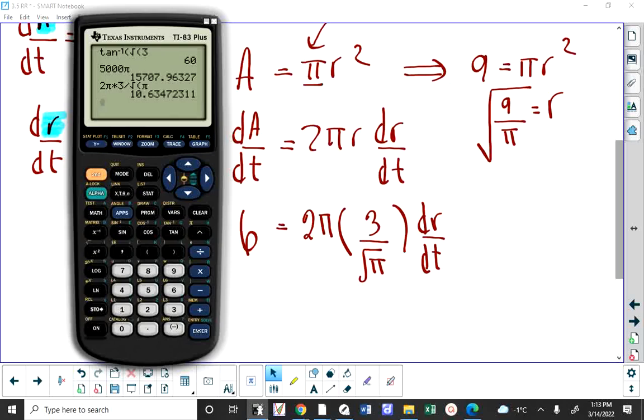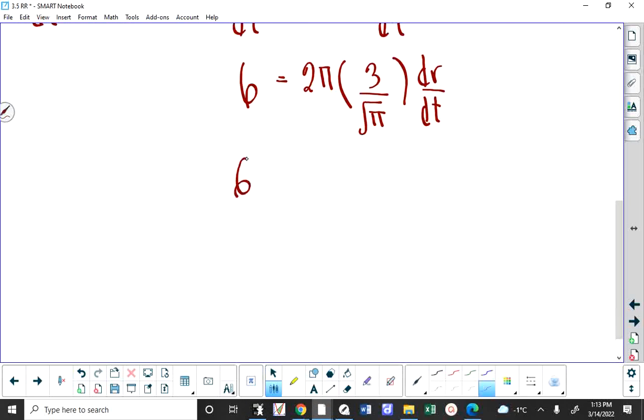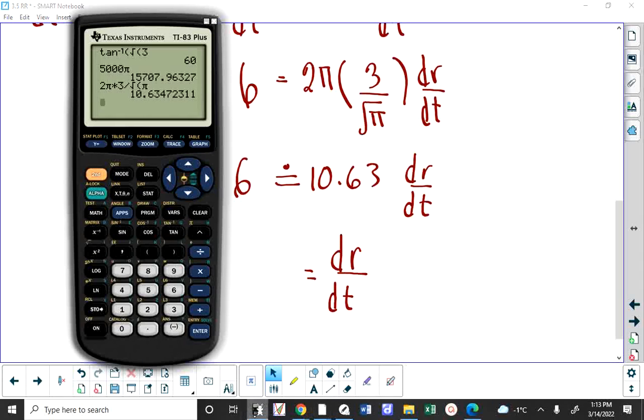Okay, so what we're left with now is that 6 is approximately equal to 10.63 dr/dt. It's not exactly 10.63 because pi is an irrational number, never mind the square root of pi. So as an approximate decimal answer, dr/dt here is going to be equal to about 0.56.